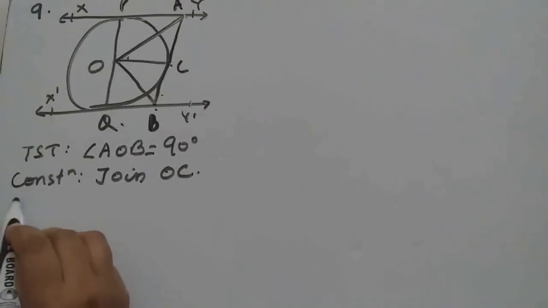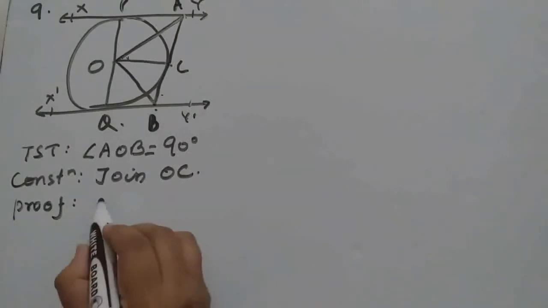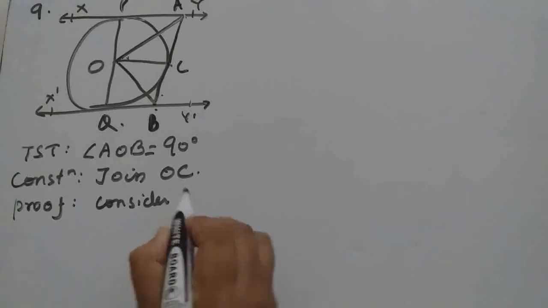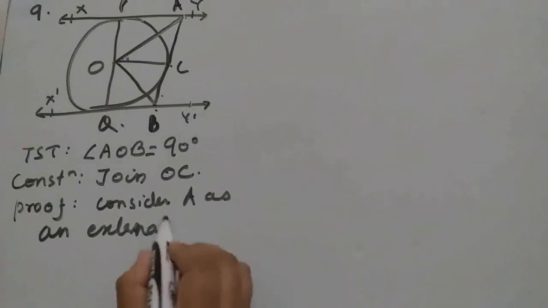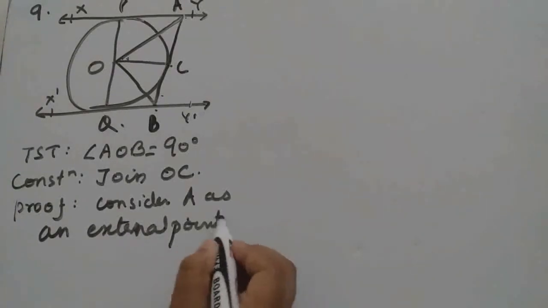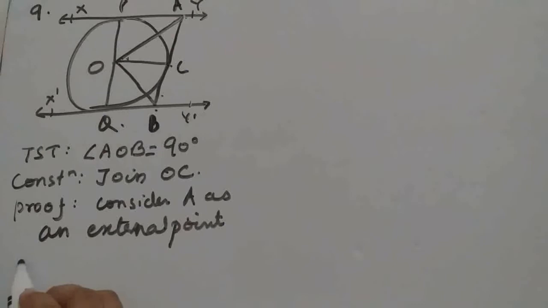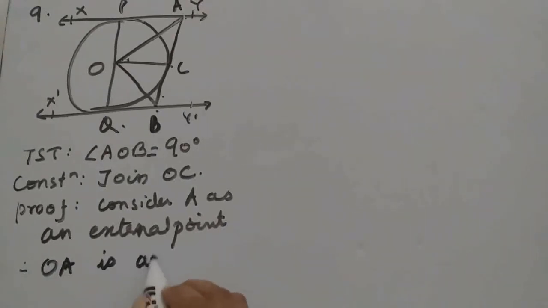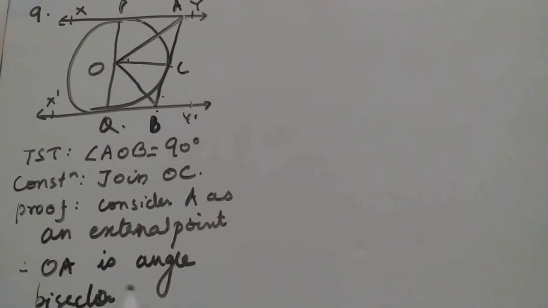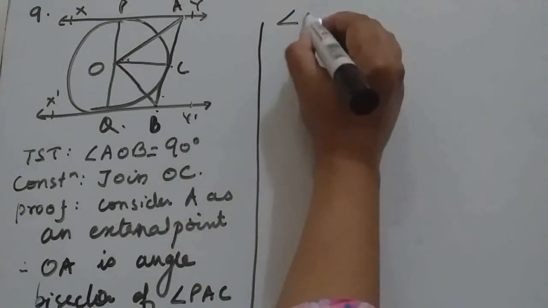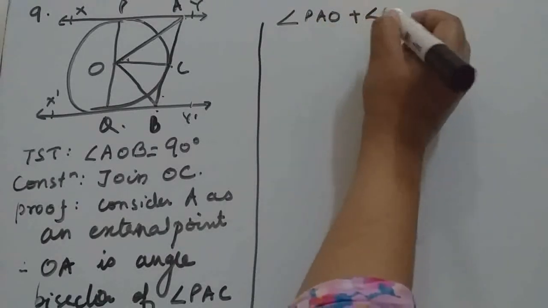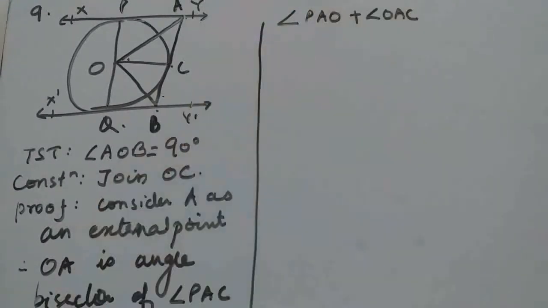So we can write, consider A as an external point, therefore OA is the angle bisector of angle PAC. That means we can write PAO equals OAC.